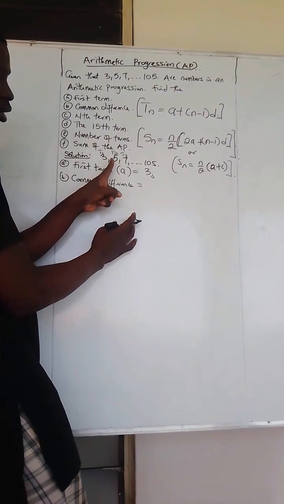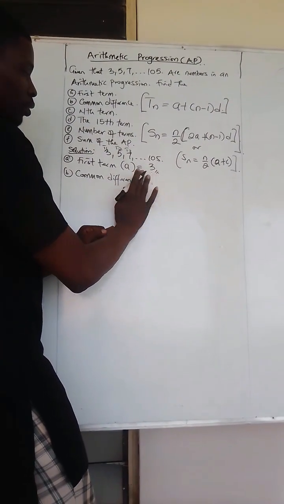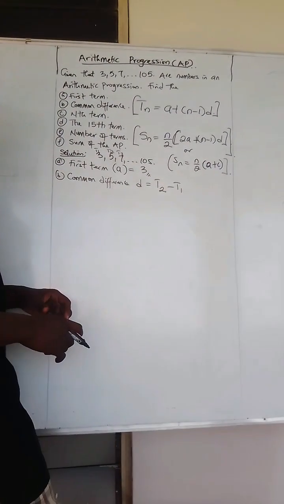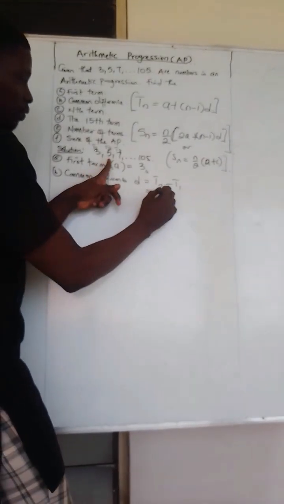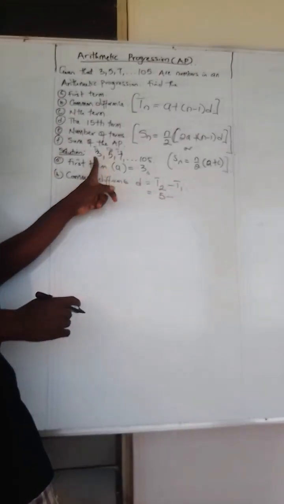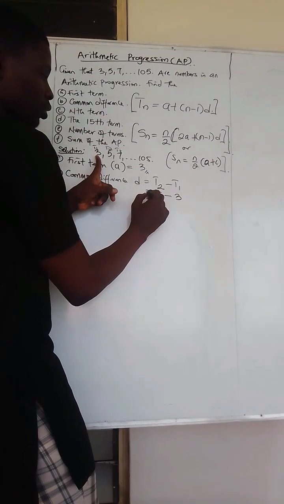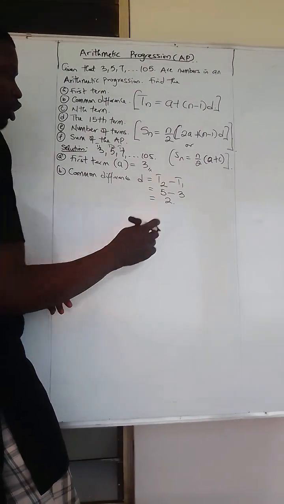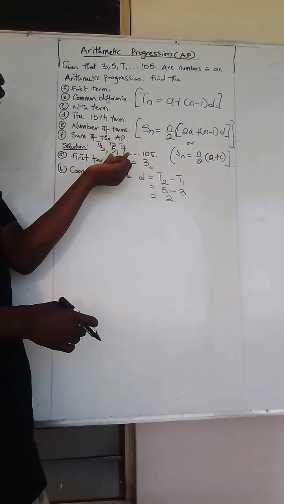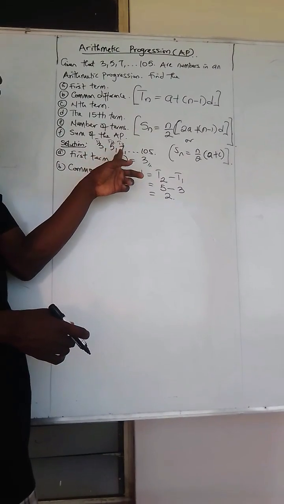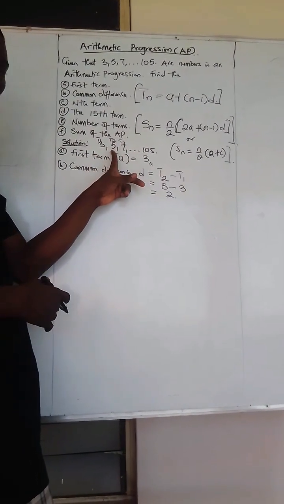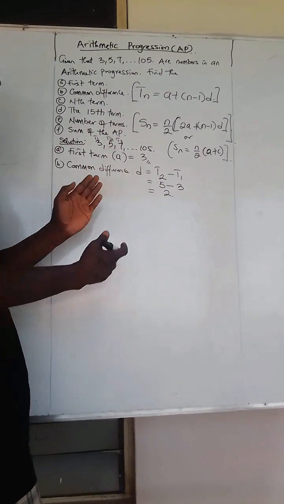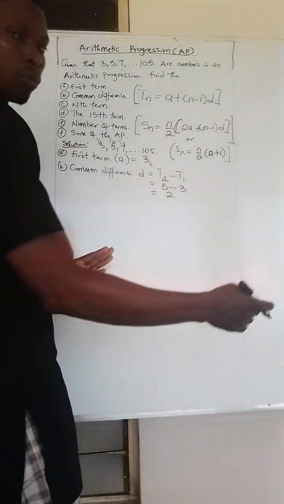So the common difference d is equal to T2 minus T1, which is 5 minus 3, giving us 2. Even if you use T3 minus T2, that will be 7 minus 5, which still gives you 2. So our common difference is the same.